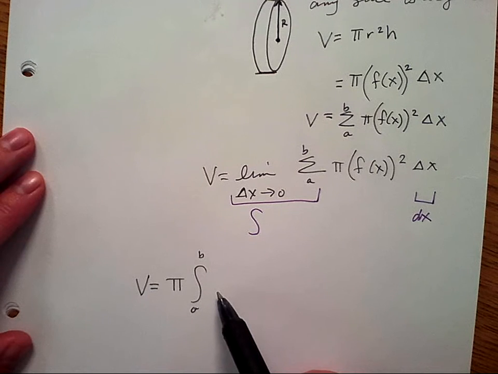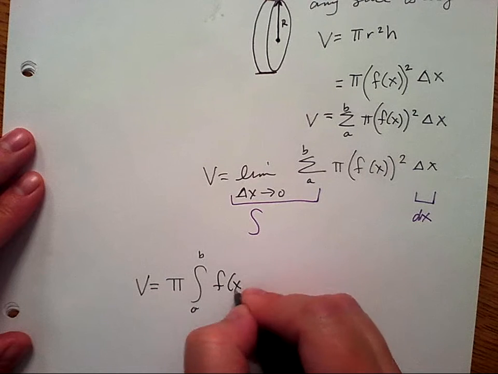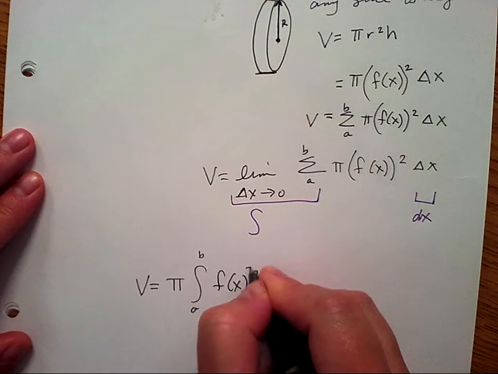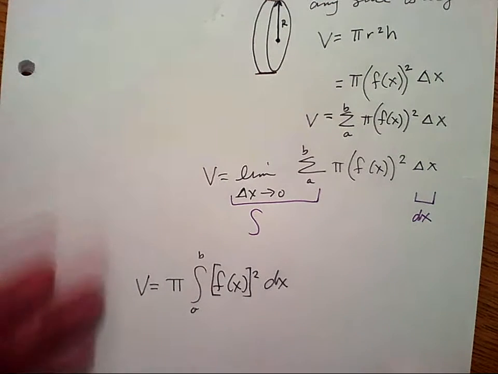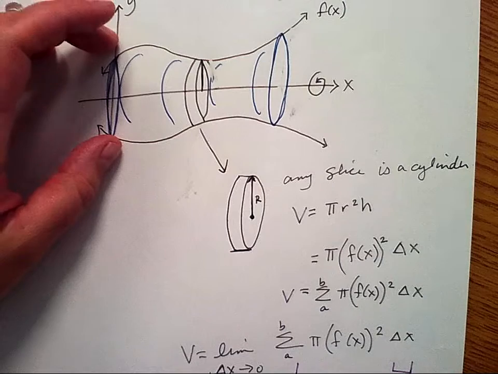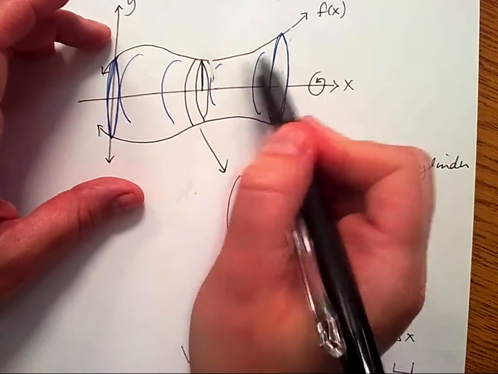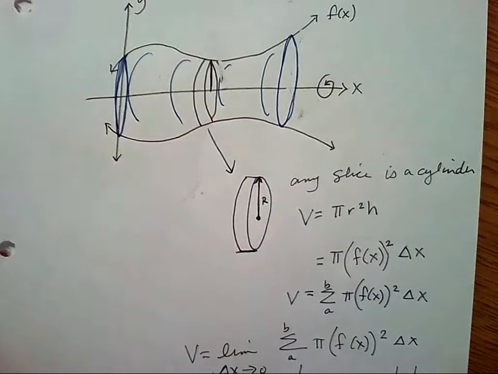I could have pi inside the integral, or I can take pi outside, times f of x squared dx. And that comes from pi r squared h, right? Does that make sense? So we just derived the volume of how to slice a solid, right? Any solid that the curve of the solid can be written as a function, we can calculate the volume for.